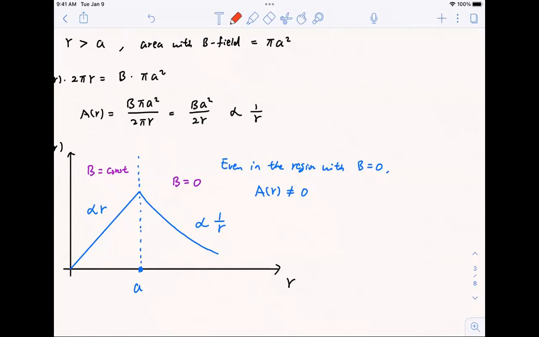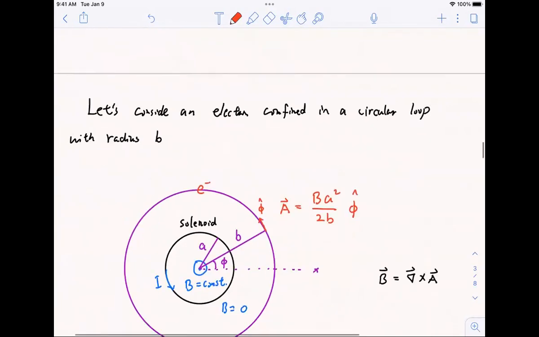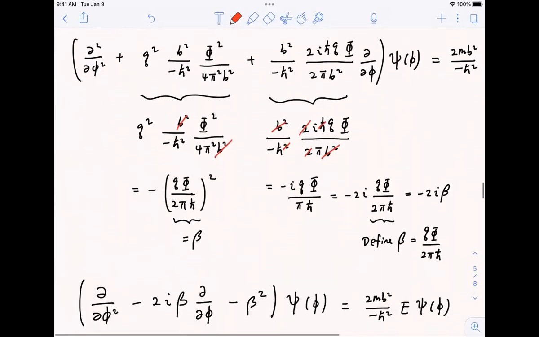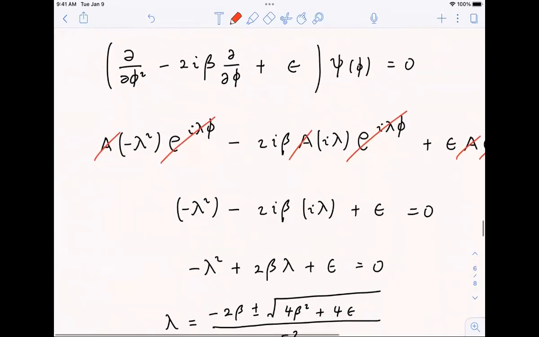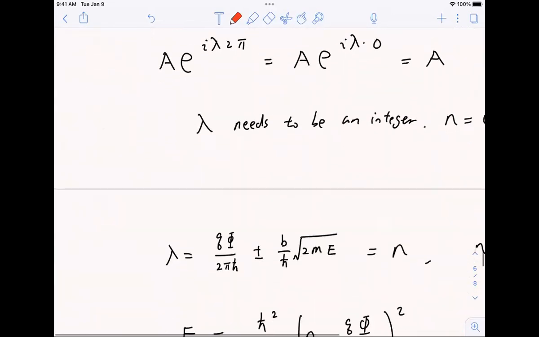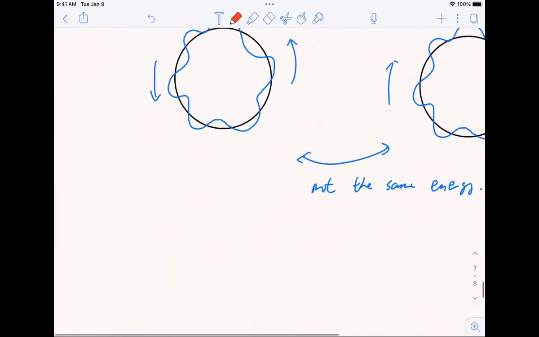Okay, now let's consider a general case. I want to make a connection to the Berry phase.